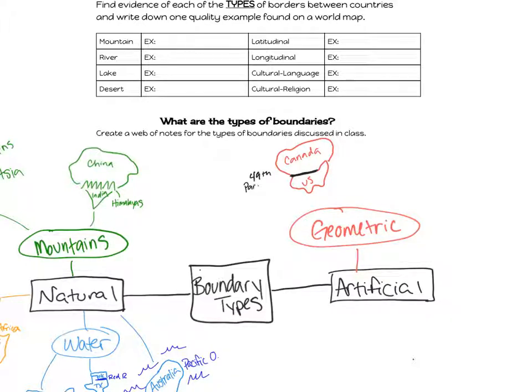It's called the 49th. Well, let's think about it. Why would it be called the 49th parallel? Because it's the 49th line on the map that's parallel to the equator, right? Think about how we draw our crossing lines on our sketch maps every time, right? We draw our red longitude and latitude lines, right? The 0 degrees across is the equator, and then up and down the longitude line is the prime meridian at 0 degrees, right?